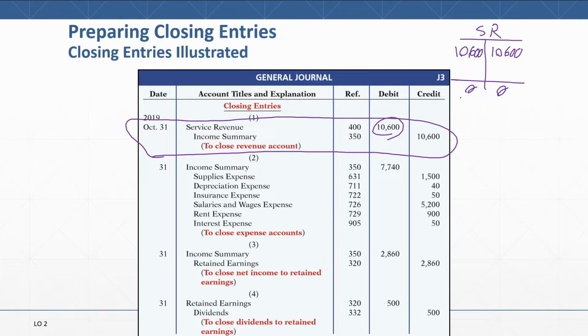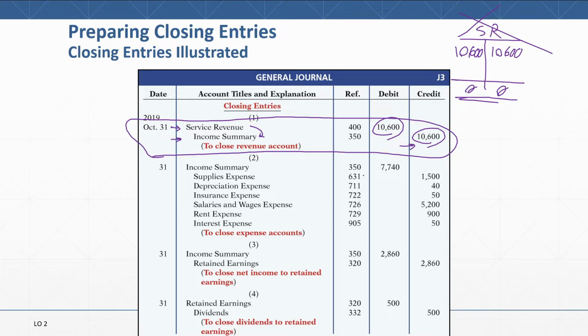Balance is 0. Service revenue is closed, gone. And the second account, of course, double entry system requires us to have at least two accounts in every single journal entry. We close service revenue to income summary. The second account is income summary. Of course, because revenue was debited, income summary has to be credited.